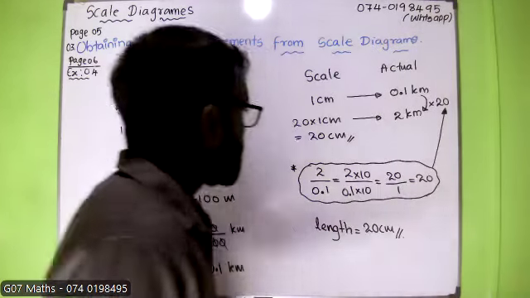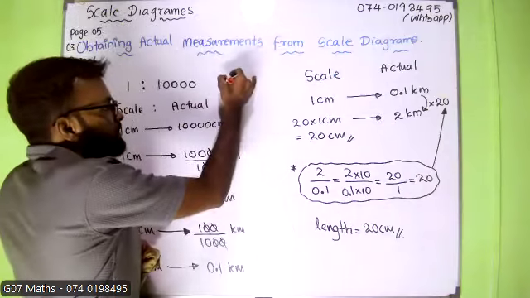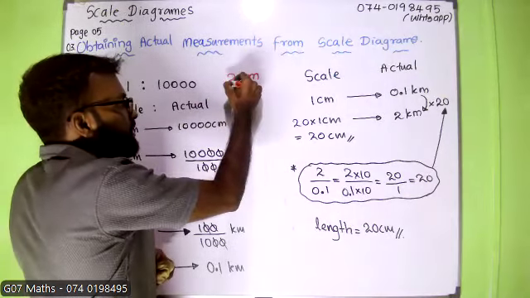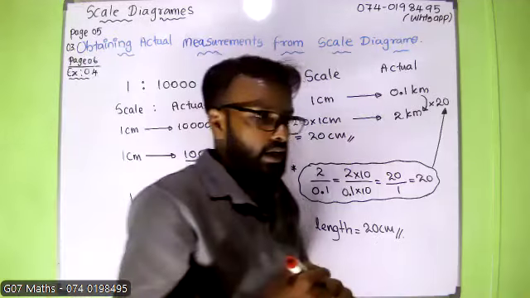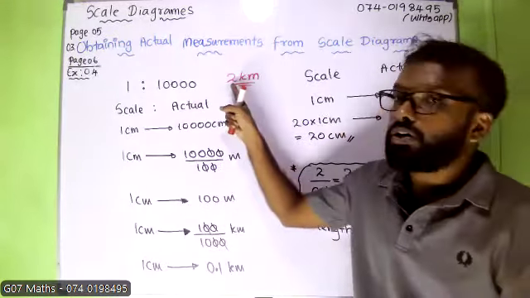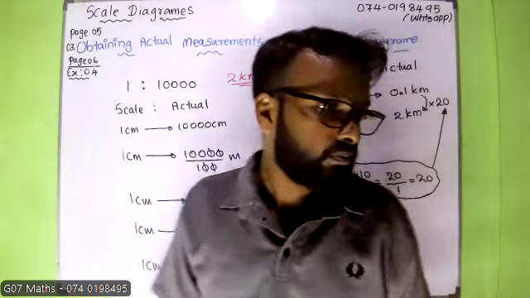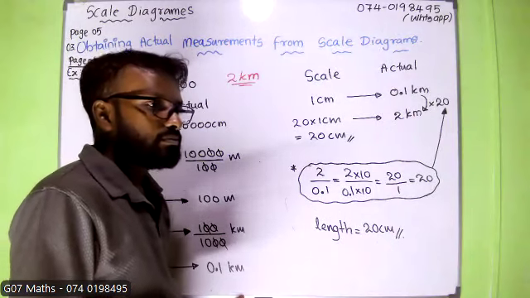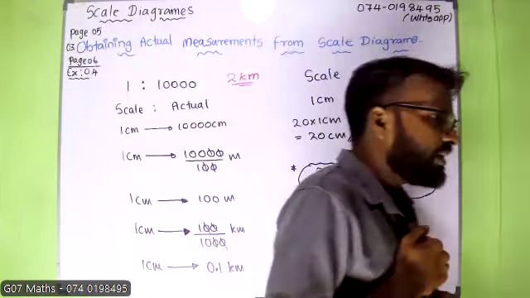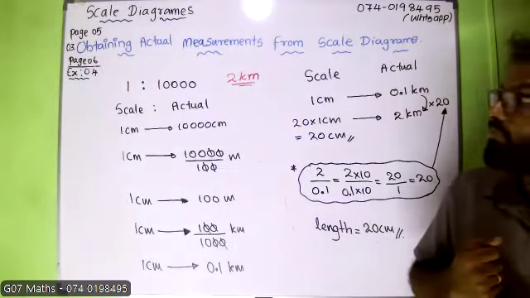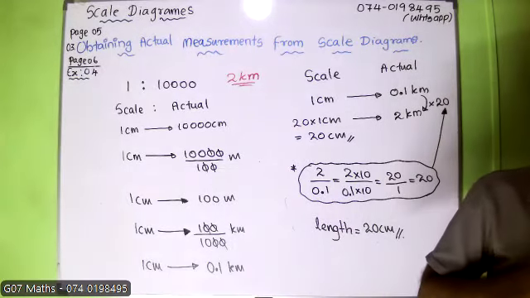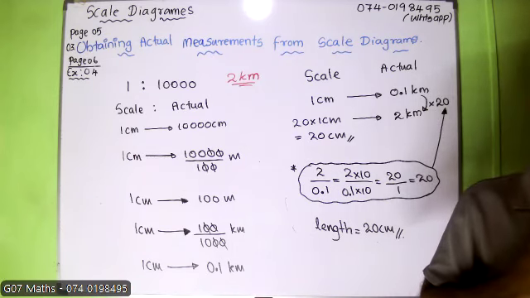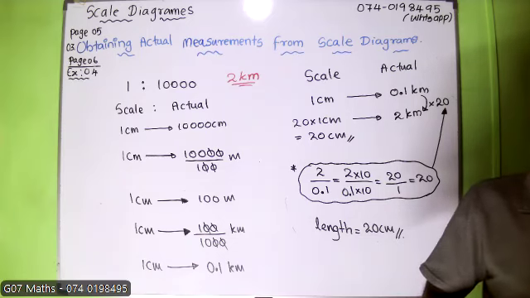Now we want to represent 2 kilometers. Hirusha, tell me how do you convert 2 kilometers into meters? Multiply by 1000.